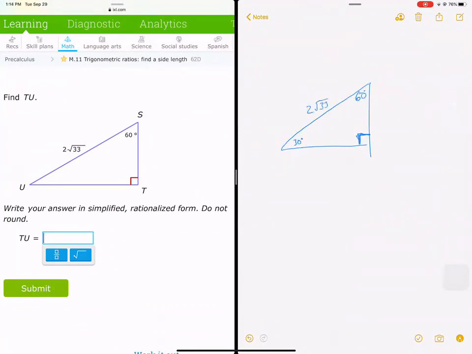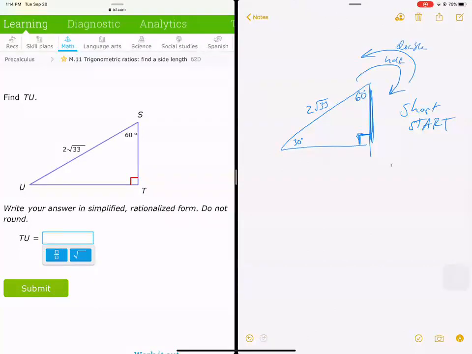Now for 30, 60, 90 triangles, you always go back to the short side. This is our starting point. Start here. This is the easiest side. So we always run back to it. How is the short side and the hypotenuse related? We said it is always half going back and double going forward. We double to go forward, and we half to come back.